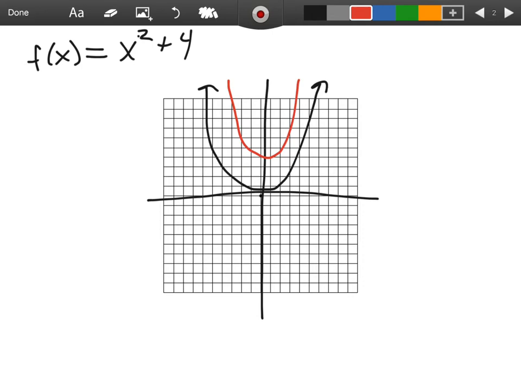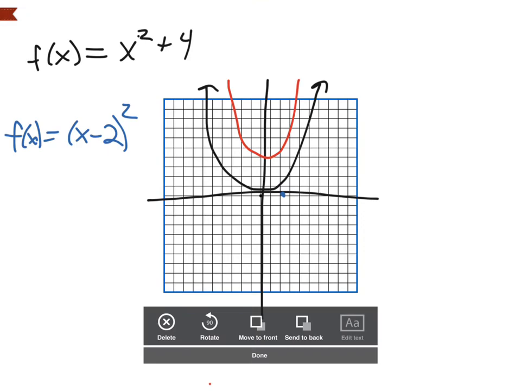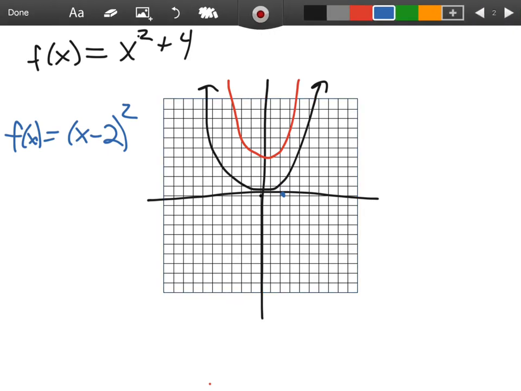Okay? If I have, say, we'll do it in the same color, f of x equals x minus 2 squared. That's going from the original position. We're going to go to the right 2 because it's the opposite direction. So we end up here. And it looks like that. Everything just shifts to the right.